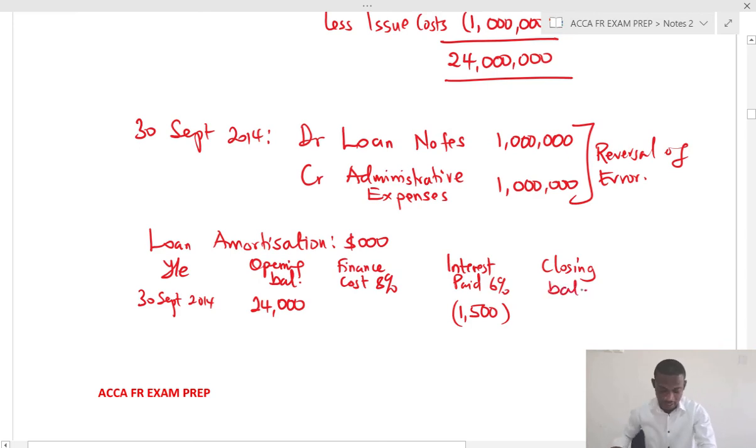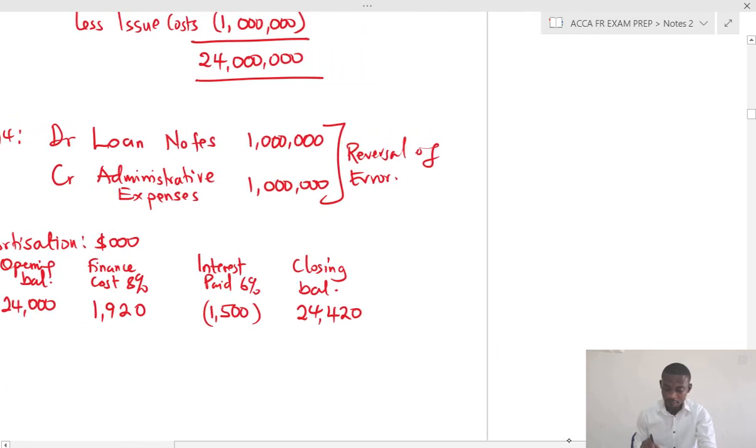So let's see the effective interest. 24,000 times 8% will be 1,920. So 24,000 plus 1,920 minus 1,500 should give us 24,420. So on the P&L, the financial statement impact is as follows.